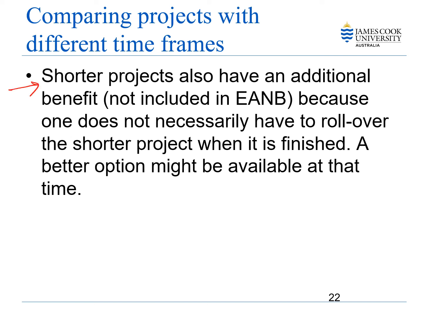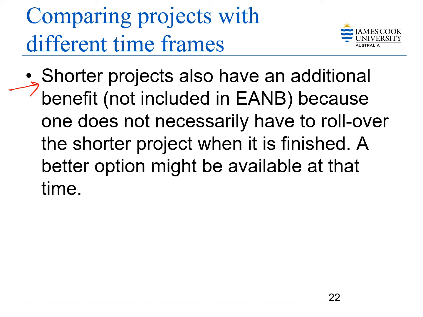Shorter projects also have additional benefits not included in the computation, because one does not necessarily have to roll over the shorter projects when they are finished. A better option might be available at the time.